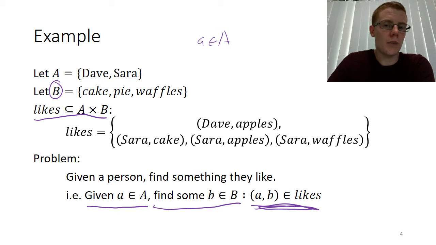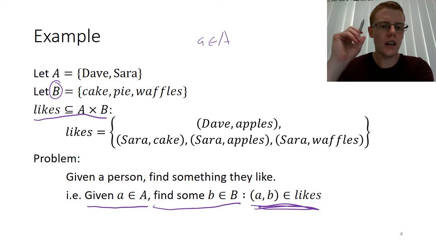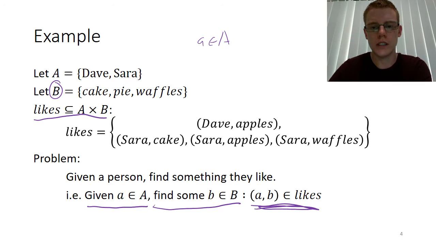A deterministic method would always give you the same answer when you gave Dave or Sarah. Or let's say we expanded the definition of the problem to give us all of the foods that they like, it would give them back to us in the same order. However, in this particular definition of the problem, we don't particularly care which answer we get. We just want an answer, and we don't care how the method goes through and finds the answer.